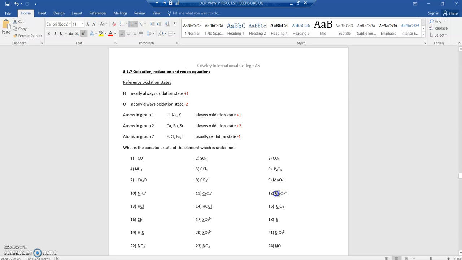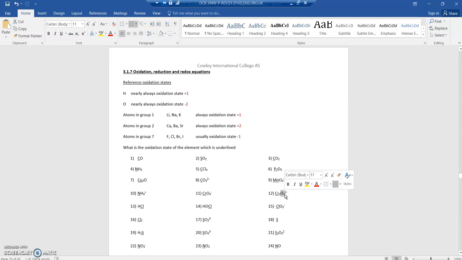So the 2 Cr's together are plus 12, but there are 2 of them. So each Cr is plus 6. You take the plus 12 and divide by 2. Let's just work that through. Each Cr is plus 6, because there's 2 of them, is plus 12. 7 minus 2's is minus 14.